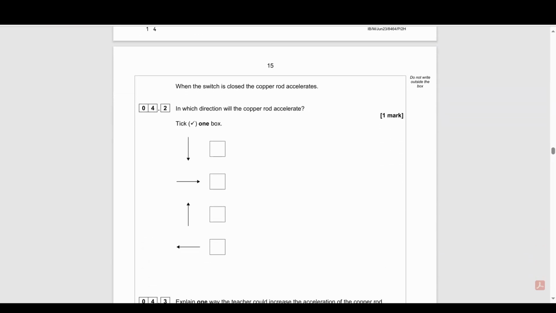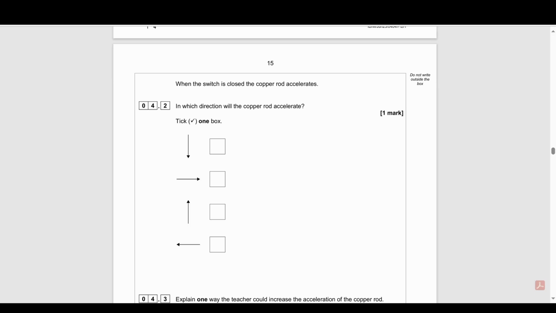When the switch is closed, the copper rod accelerates. In which direction will the copper rod accelerate? Tick one box. Well, if the copper rod is accelerating, that means that it's moving. And if the copper rod is moving, it's because a force has been applied to it.